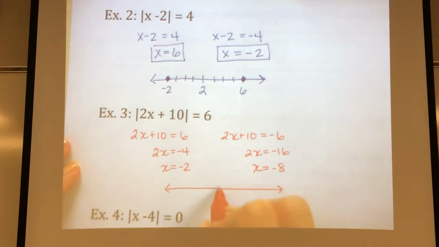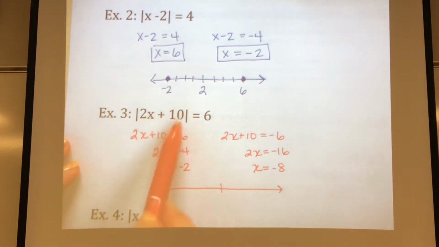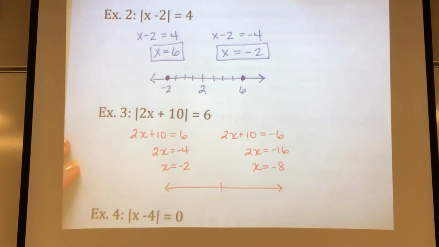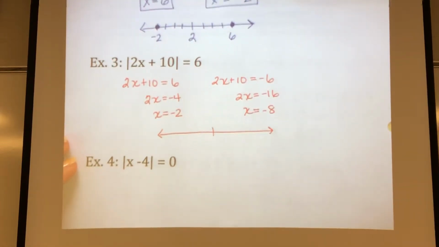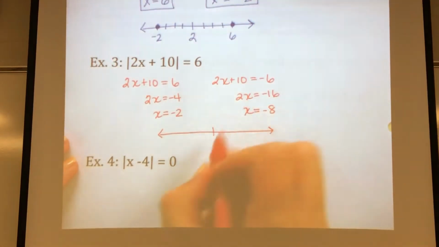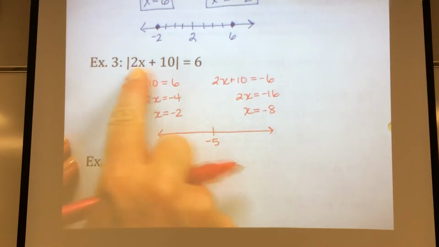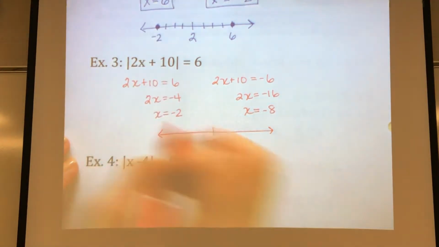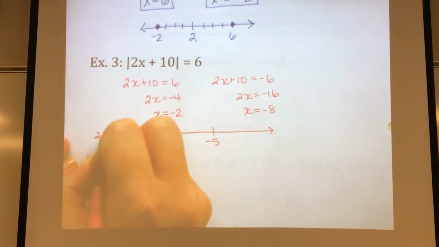Graphically, where is our center? Well, some people might say 10 or negative 10 because it looks like it shifted that, but this 2 here kind of affects where that center is. Our center is actually negative 5. So you have to factor the 2 out. So really the argument in here is 2 times x plus 5.